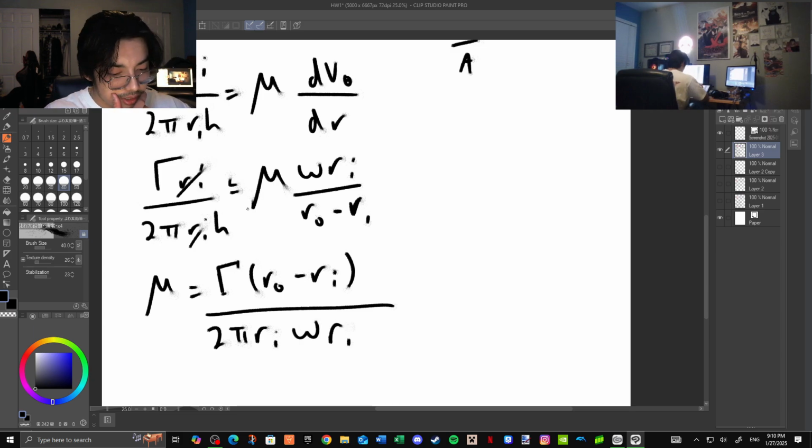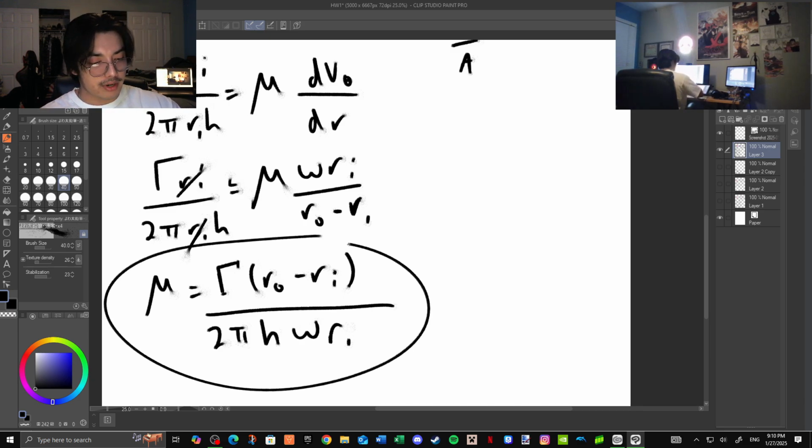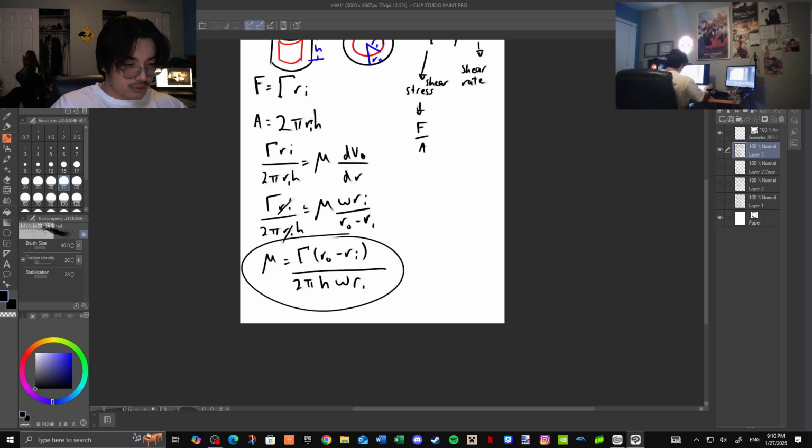Let's make sure we got everything. Let's see, 2 pi. Whoops, no, that's not supposed to be it. This is supposed to be h, not ri, because we canceled that out already. So 2 pi h omega ri. Yes, so this right here will be the final expression for the viscosity of the fluid in a Couette cell.